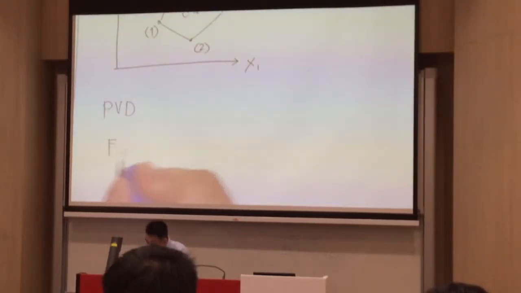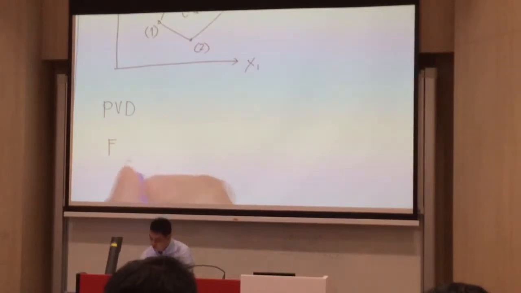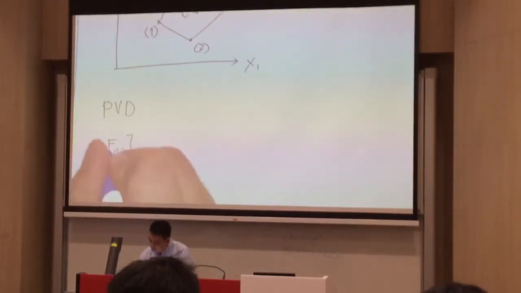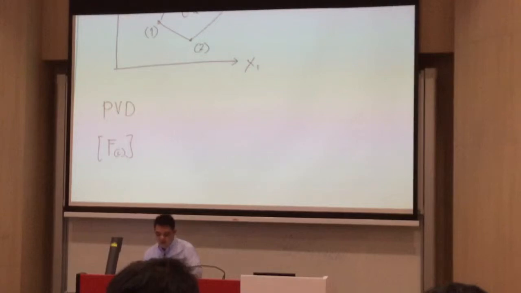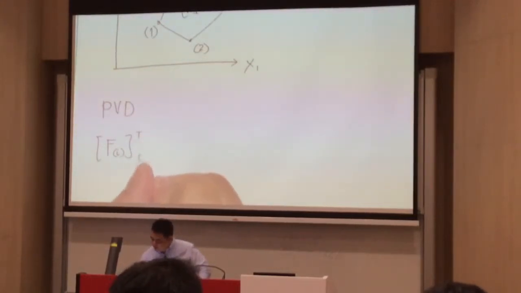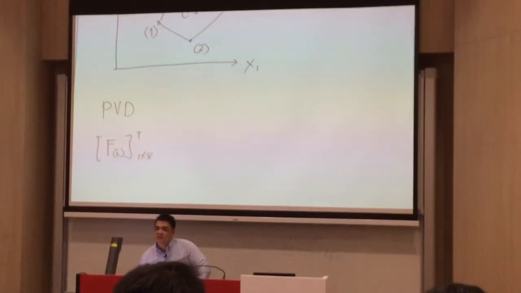You have your force vector. Let's have it there. So this one will be a transpose, wherein this one will be a 1 by 8 matrix. Why is that a 1 by 8? So why 8 parameters in the first place?